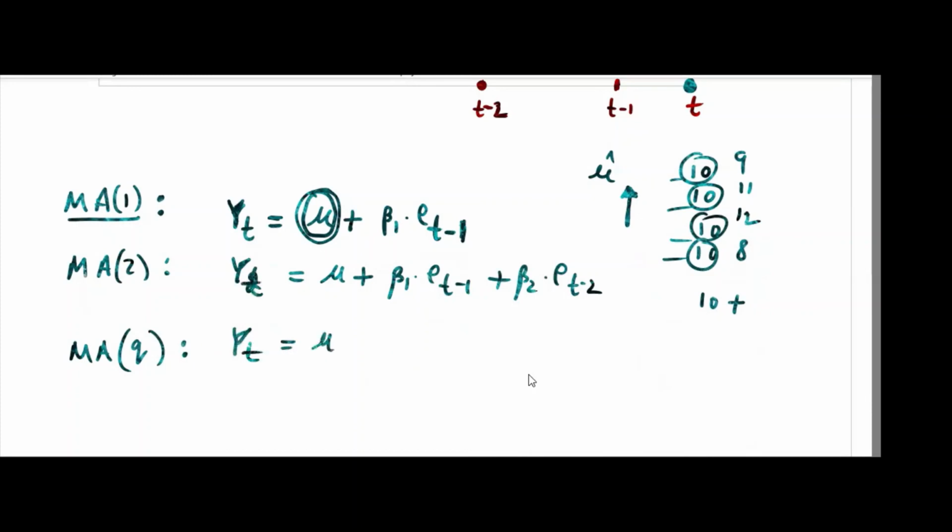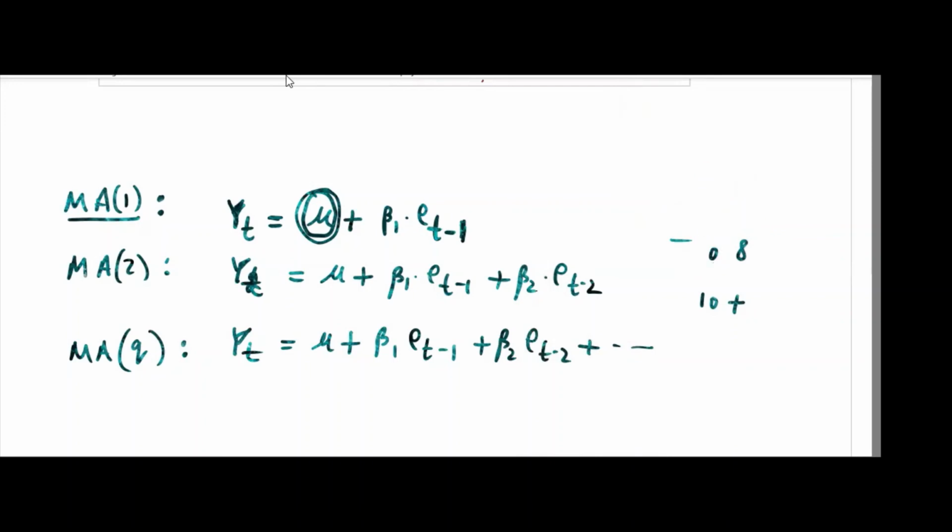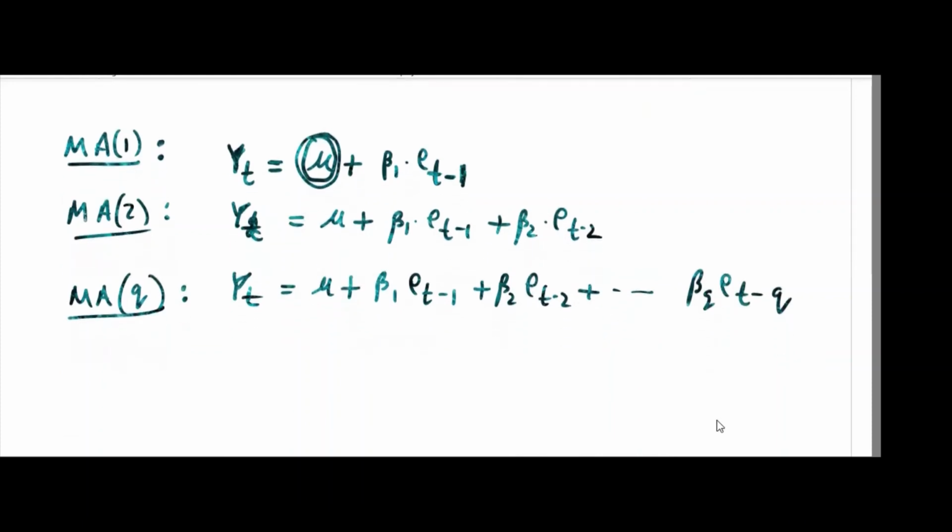Remember, in each case, beta 1 e t minus 1 plus beta 2 e t minus 2, and you can go up to beta q e t minus q. So this is the MAq process. And if you want to change it, I've written 2 here, q here, that's fine.